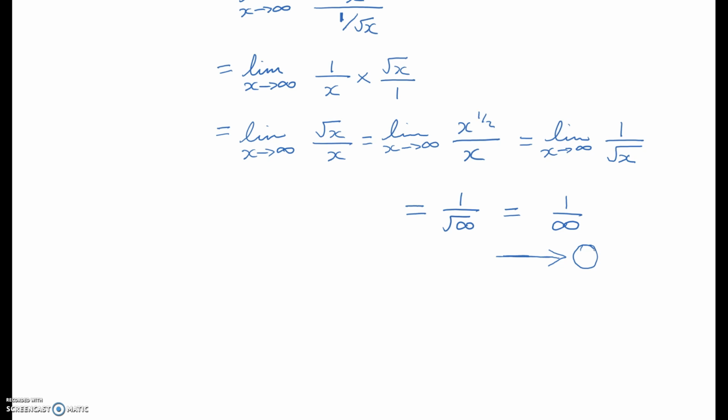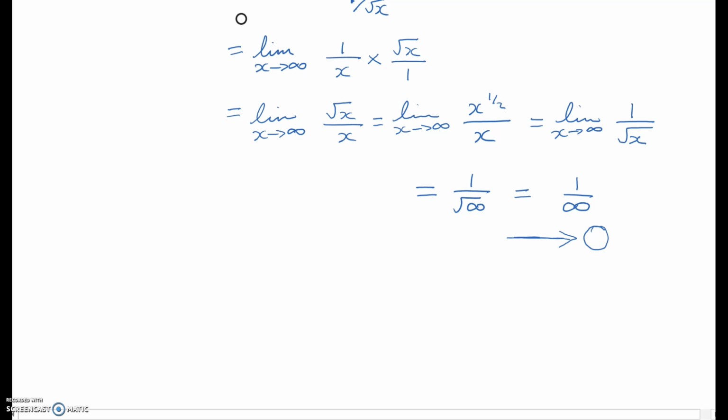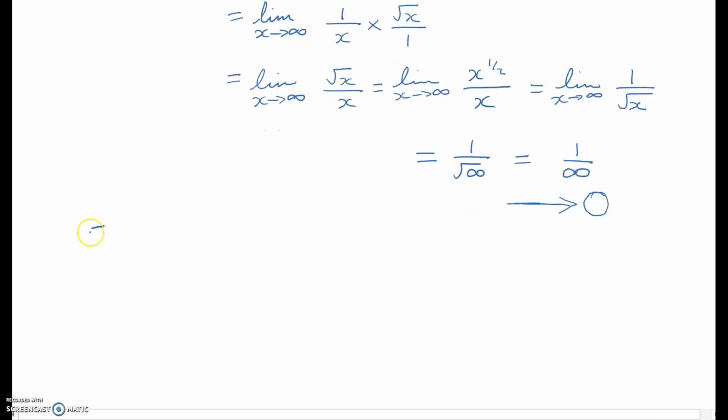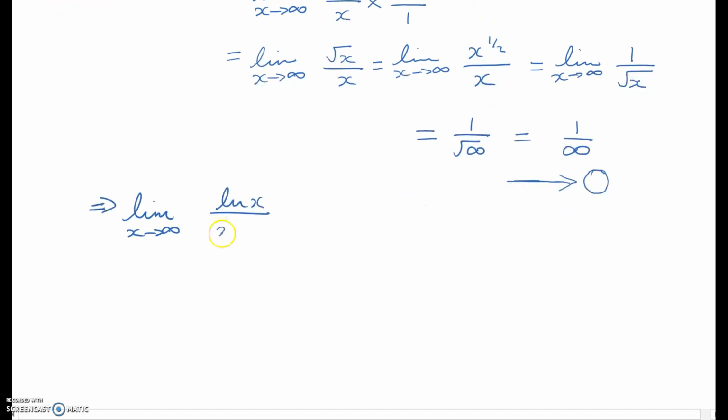And when that happens with limits, we say 1 over infinity will give us 0. So therefore, our answer to this problem is that the limit as x approaches infinity of the natural log of x divided by 2 root x is equal to 0.